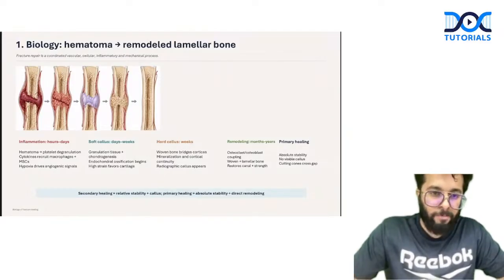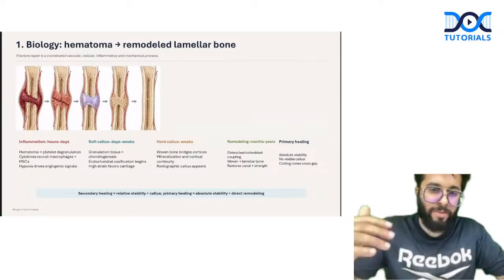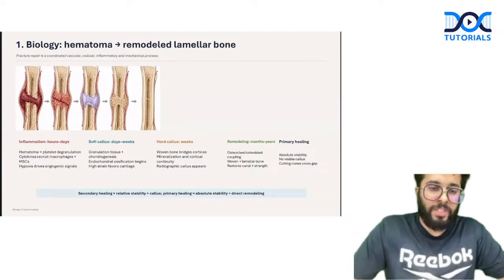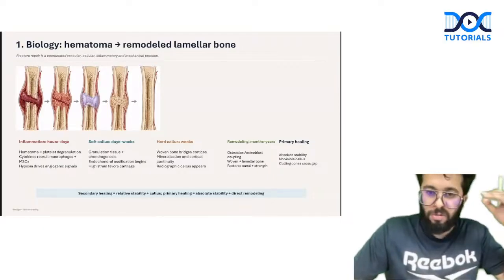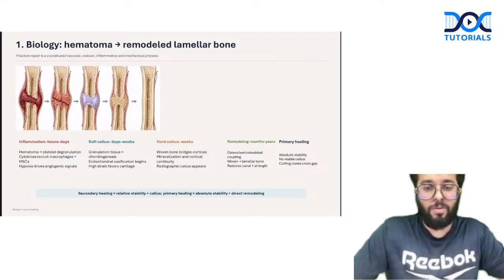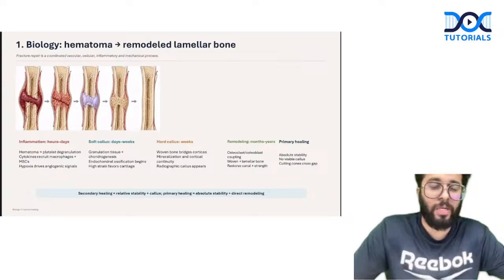I have given you this slide so that if you have any difficulty, you can check it again, and that will help in retaining it for a longer term. So you should know the difference between woven bone and lamellar bone. This is not going to be asked in the MS or DNB exam, neither in theory, maybe not in the practical, but you should know the differences.